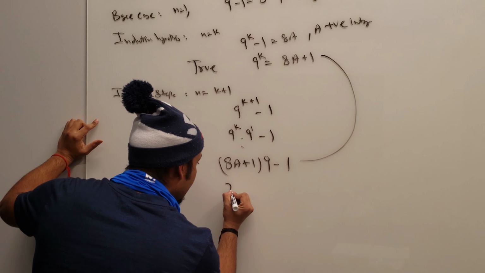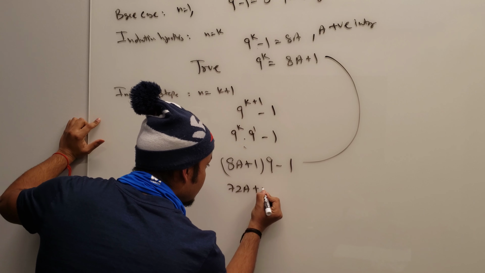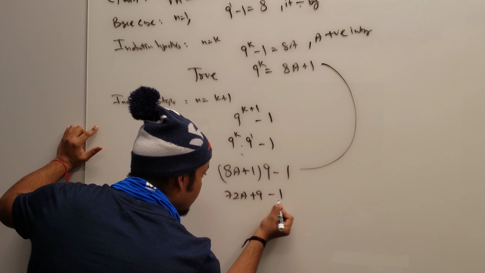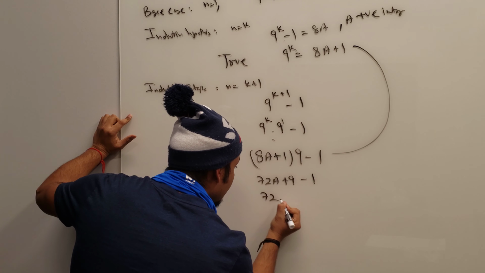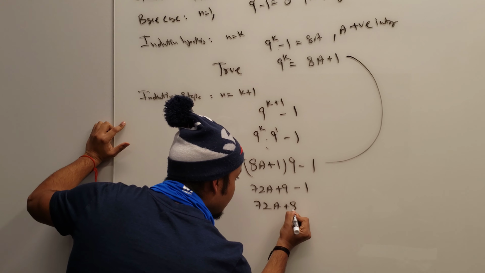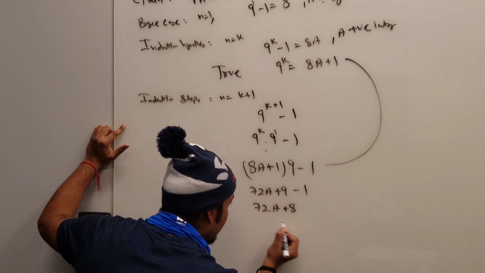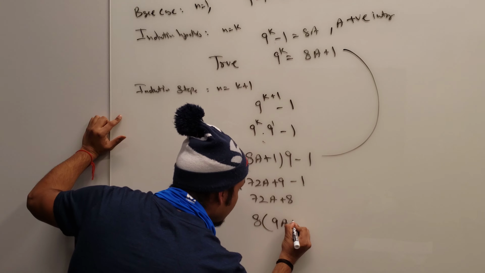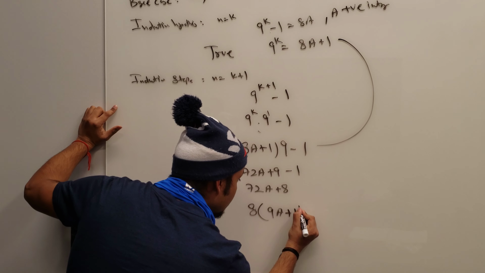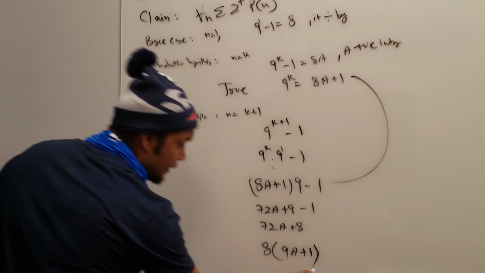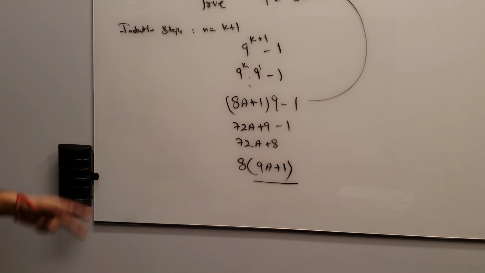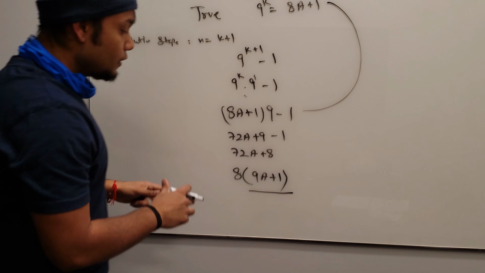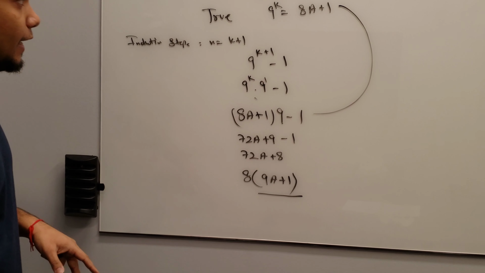Now, if I multiply that inside, I have 72a plus 9 minus 1, and I perform the algebra, I have 72a plus 8. If I break it down more and take 8 common out, I have 8 times (9a plus 1). Now, I can see that this term is a multiple of 8, which proves that the whole term is divisible by 8.